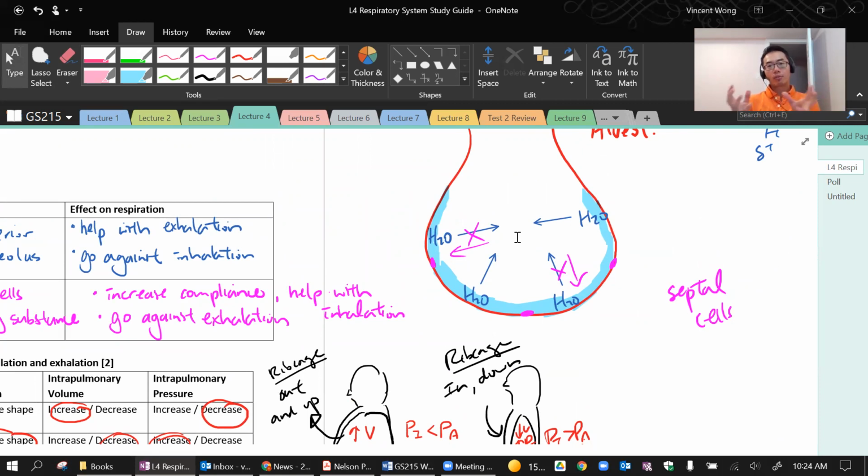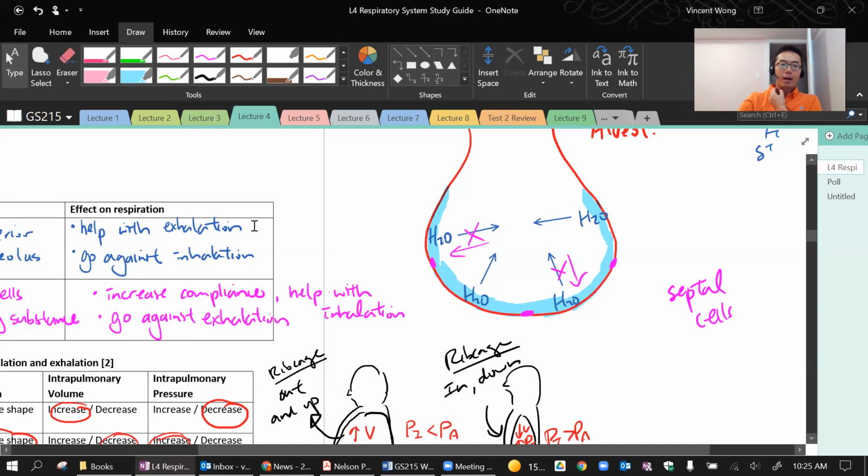So a lot of surface tension will collapse the, not the lungs, the alveoli. By collapsing the alveoli, it helps squeeze the air out. That's why it helps with breathing out. But if you only have surface tension, that will make it difficult to breathe in because it always wants to squeeze. It always wants to close, right?